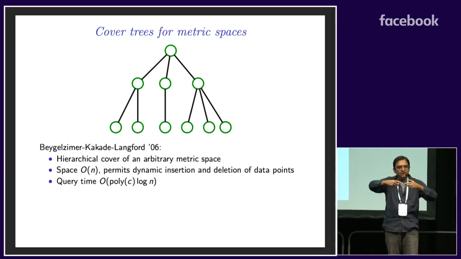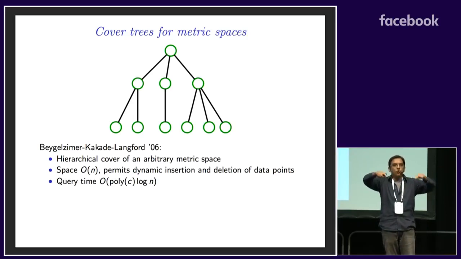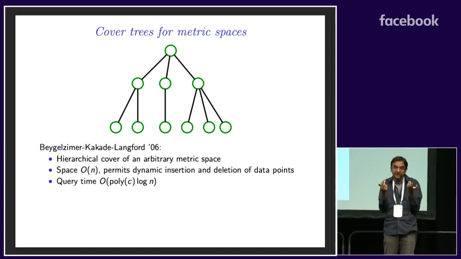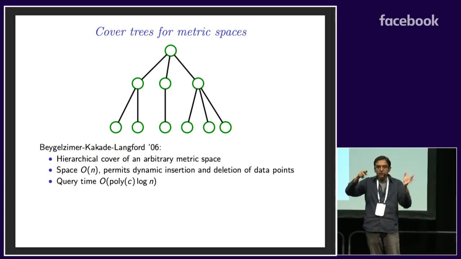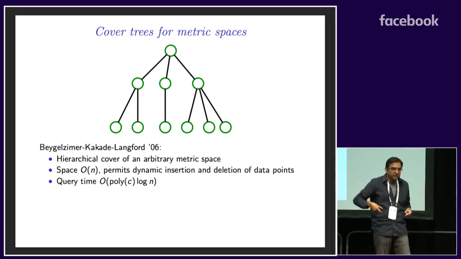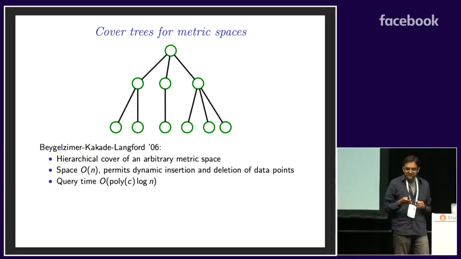At any given level, you can eliminate all but a constant number of nodes just by geometric considerations, by the distance and by invoking the triangle inequality, essentially. So you can go down the tree, and at each stage, you're just looking at a constant number of nodes.